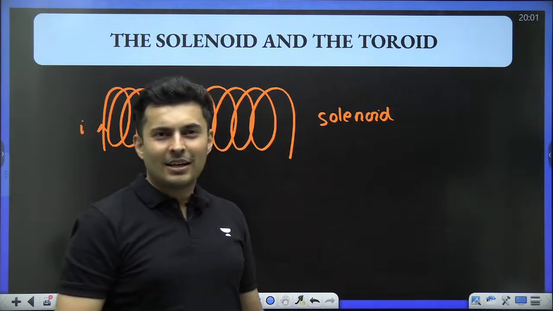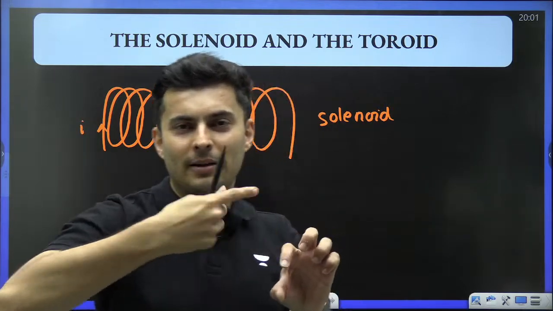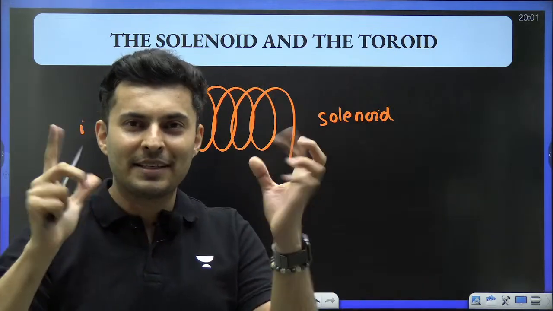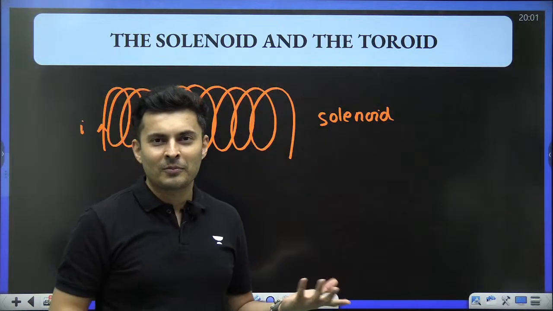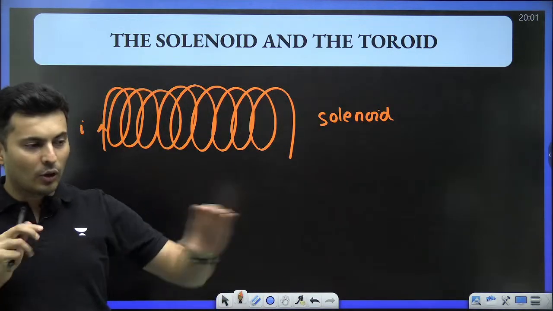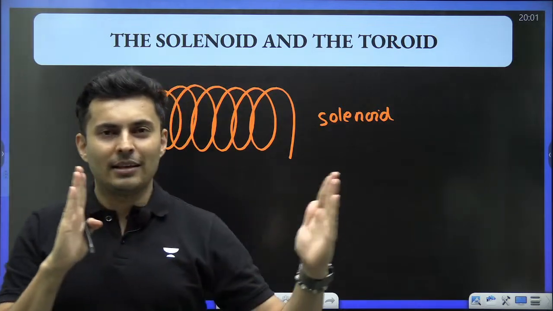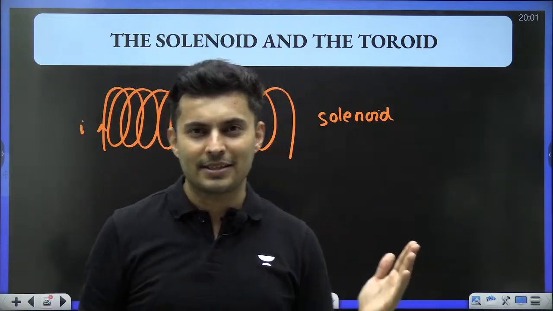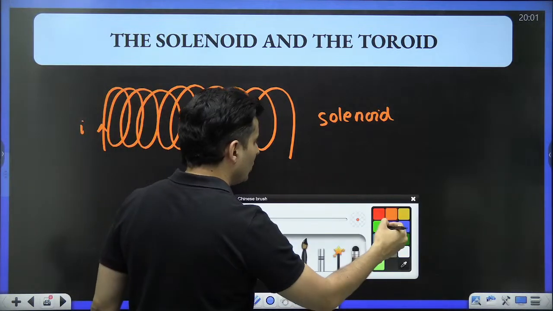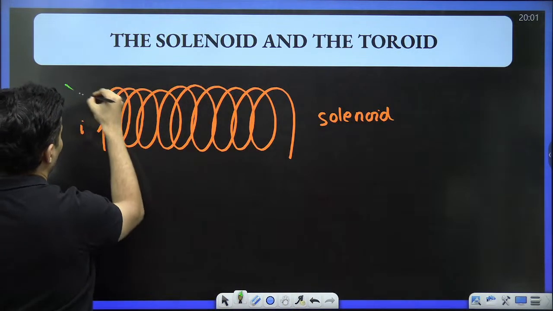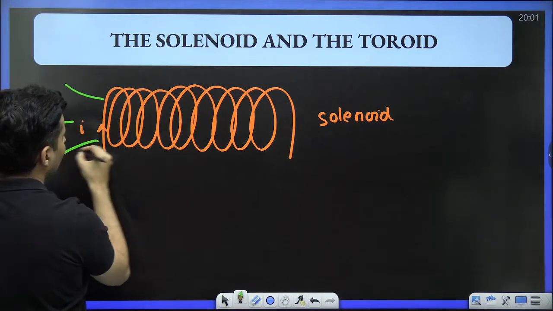You would have seen, you take a nail and you wind copper wire on it, it becomes an electromagnet when you pass current. So that is basically a solenoid, a coil carrying current, but the coil planes are different, parallel to each other, like a spring or a helix adjacent to each other. The magnetic field due to that will somewhat be like this. This is how the magnetic field looks.